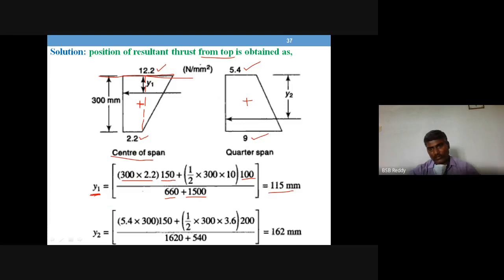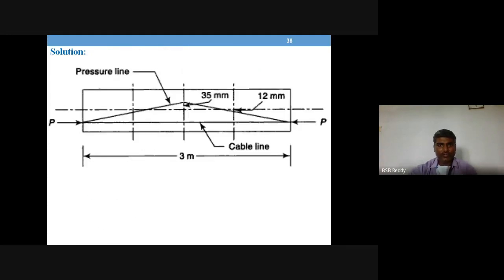Now if you look at the location from the CG of concrete, the center of the cross section, it is 150 minus 115, which is 35. So that is plotted here. 35 mm is the eccentricity.